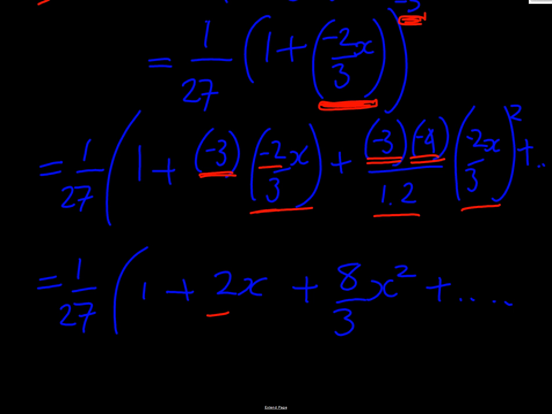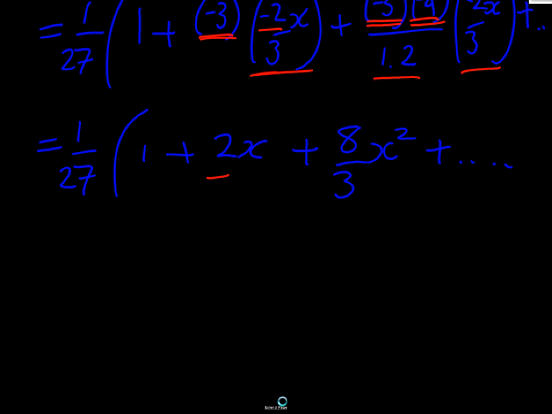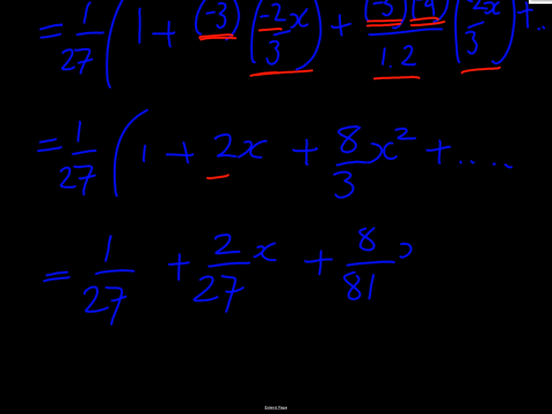Our final step is to multiply through by the 1 over 27. So our first term is 1/27th, the second term is 2/27th of x, and our third term is 8/81st of x squared, apologies.